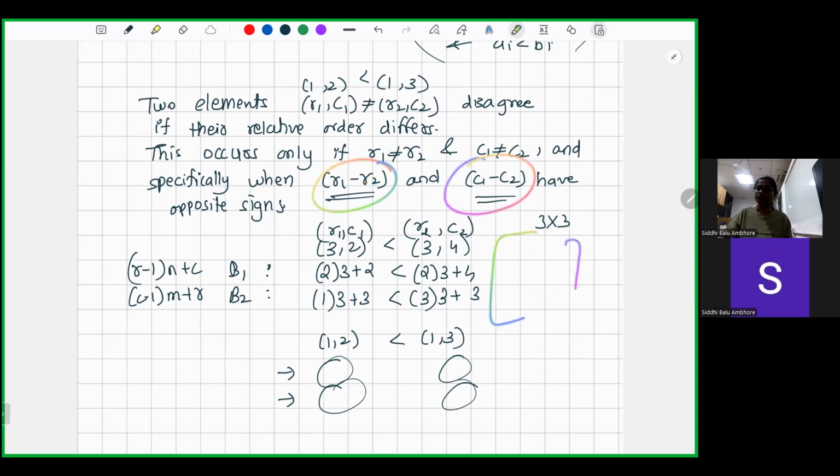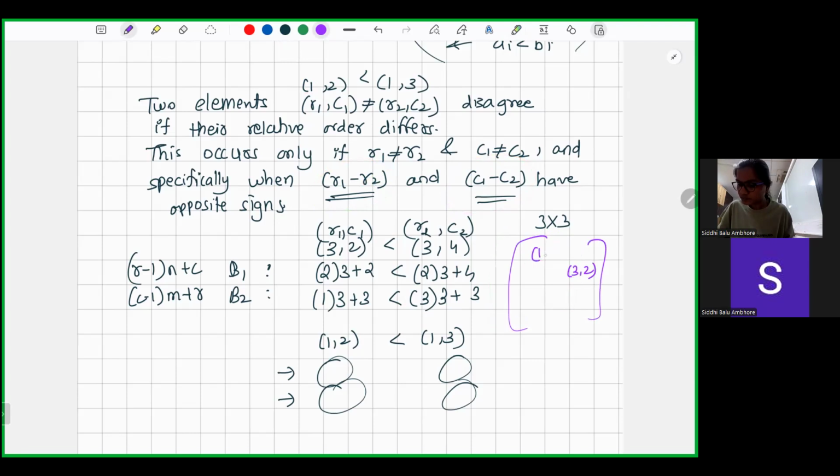For example, if I talk about something of this sort in my matrix, suppose I'm going from 3 2 to 1 4, here I have a minus sign, here I have a plus sign.